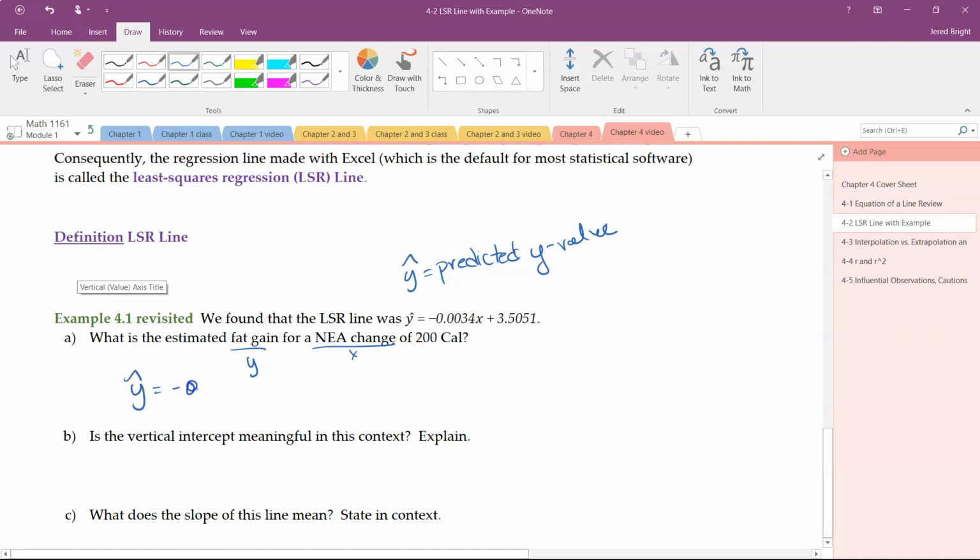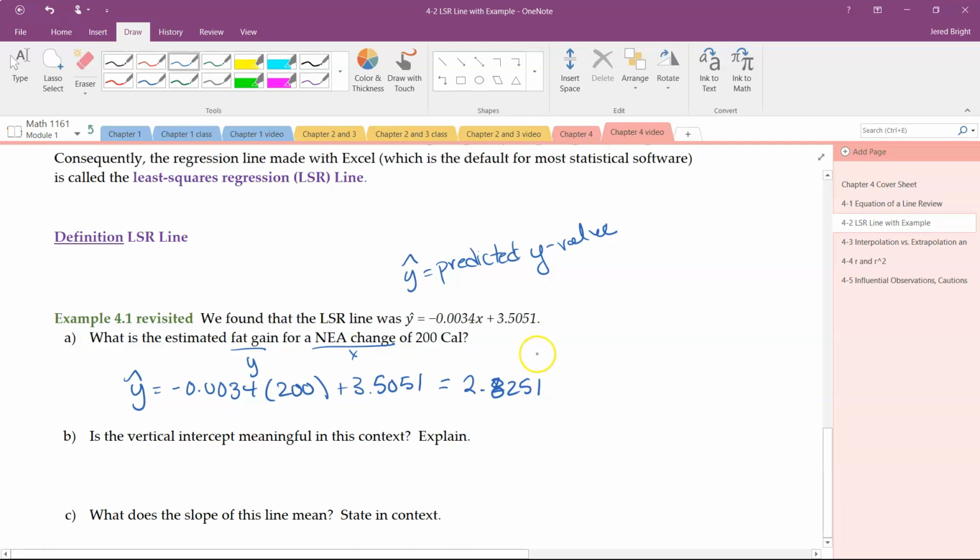So negative 0.0034, substitute in 200 for x, and then plus 3.5051. This is where you grab a calculator, and when I did this, I got 2.8251.